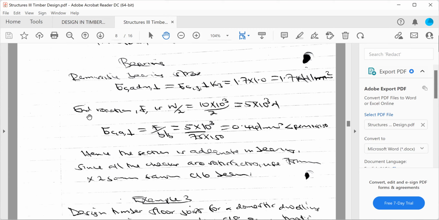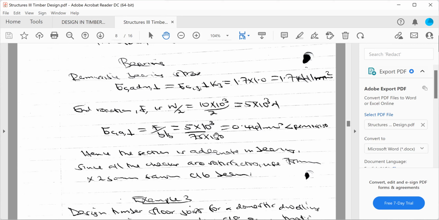Now, I go to compression stress applied. A means applied compression stress perpendicular to the grain, which will be the end reaction F divided by the breadth of section times length of bearing. So, which is 5 times 10 power 3 divided by, remember our section is 75 times 250, so B is 75.